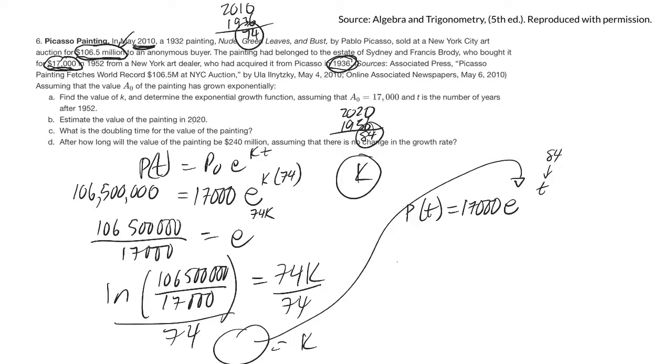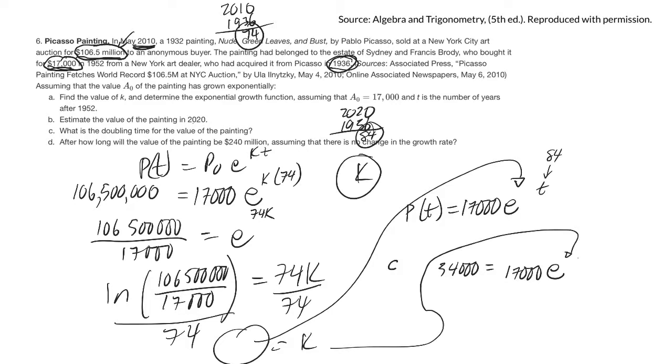So doubling time, that would be C. So doubling time, if I started at 17,000, they want to know how long it would take to get to 34,000, or double 17. E to the k, and again, this k value I would put up there, times t, and I want to solve for t.